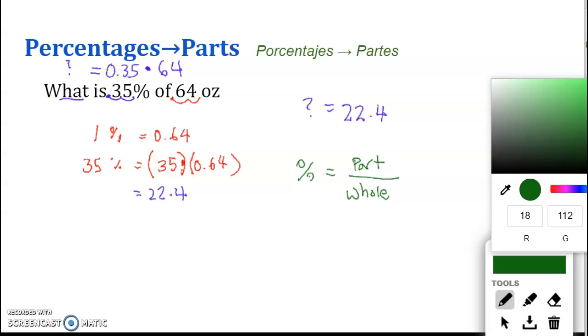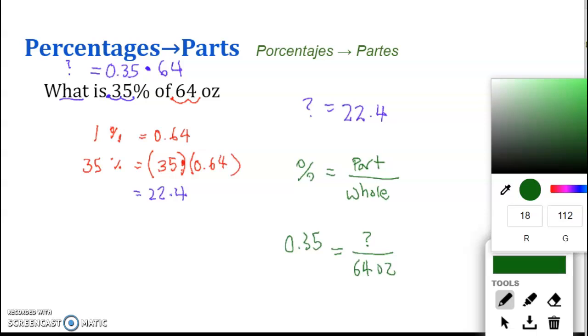We don't know what that part is, but we know that the whole is going to be 64 ounce. And we're given the percentage, 35%, but we do need to convert that to 0.35. Whenever you're doing calculations, you want to convert that into decimal.